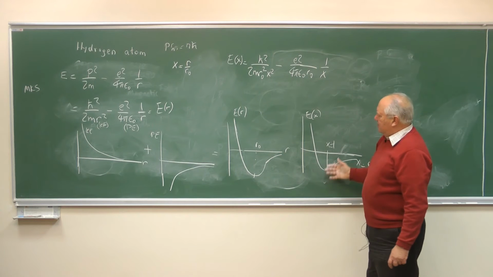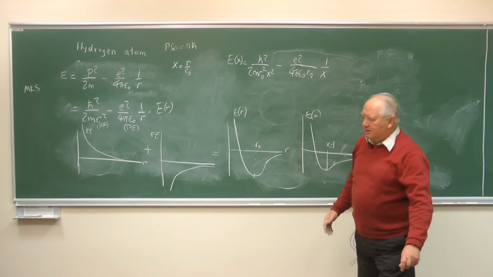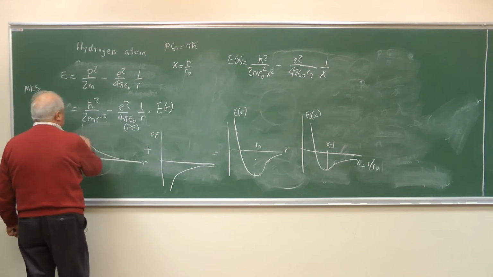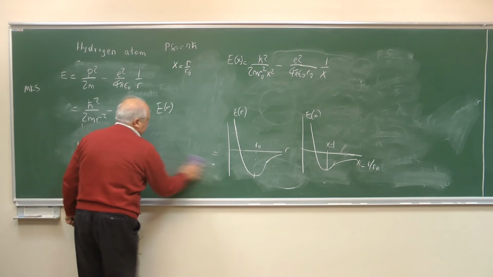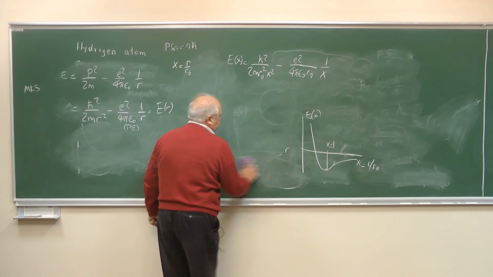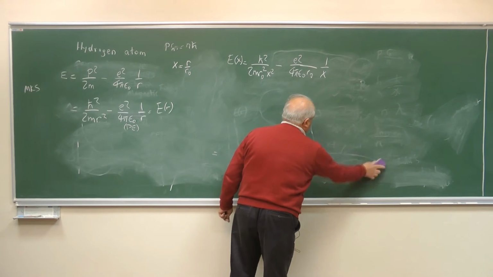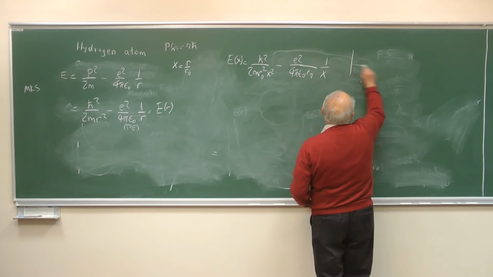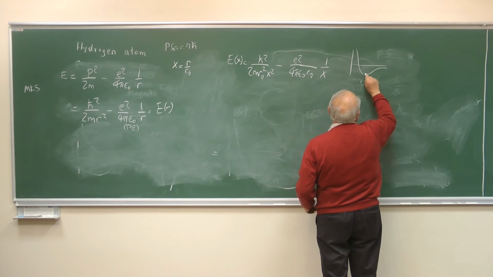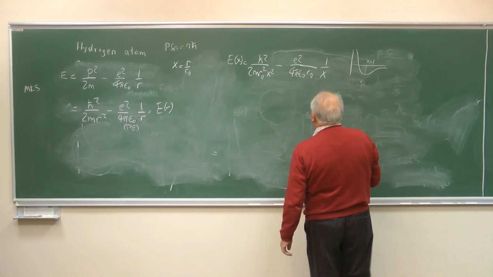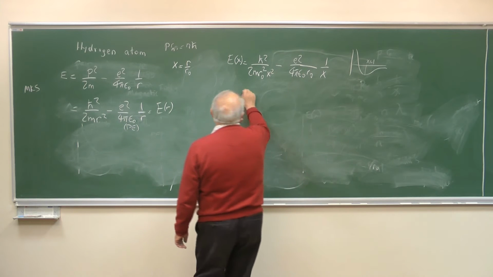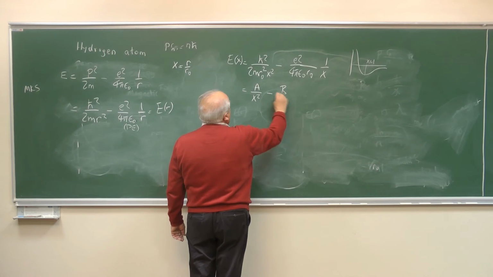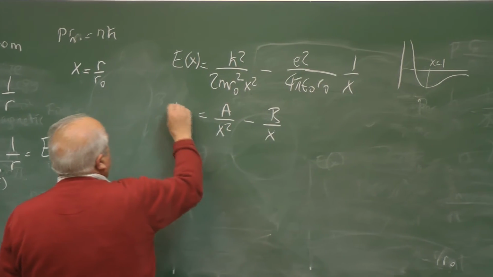I think if this point is clear, I'm erasing it because we don't have blackboard space. So this is gone. Just to remind us, x equals 1 is the minimum. So let's write this as a over x squared minus b over x. That's E of x.